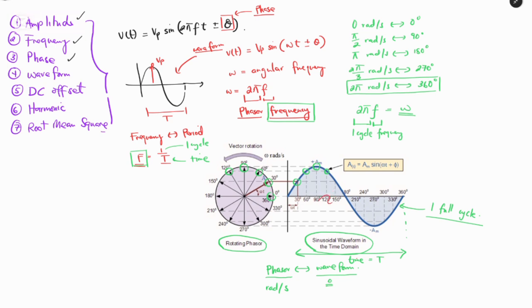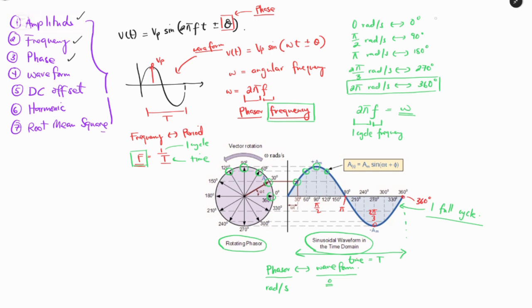We can see that this 90 degrees is pi on 2, this point is pi, this point is 3 pi on 2, and this point is now 360 degrees.